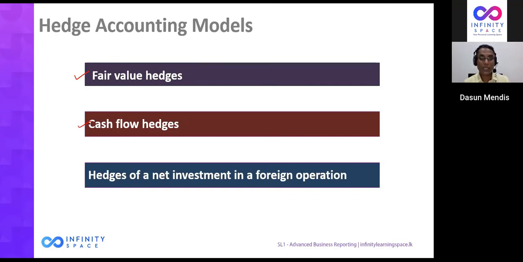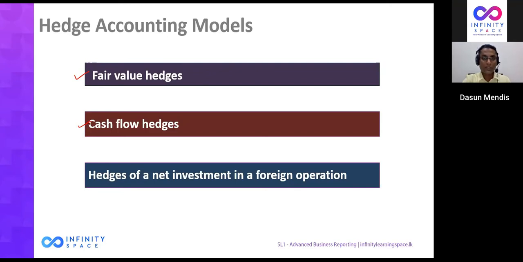The hedge instrument is to offset the risk created by the hedged item. The hedge instrument is normally a derivative, right? It can be a forward contract, a swap, or a futures derivative. Now, if the hedged item creates a gain, the instrument creates a loss, and vice versa. Hedge accounting is all about the offsetting.